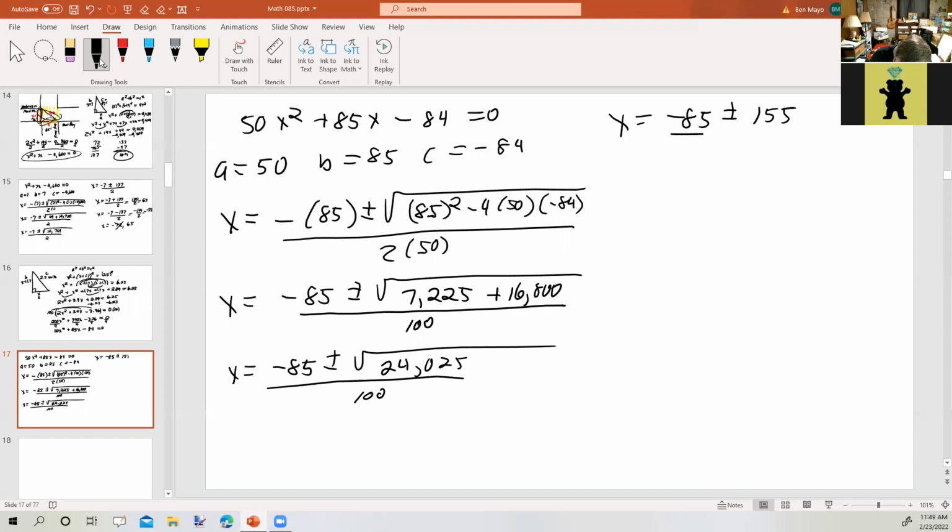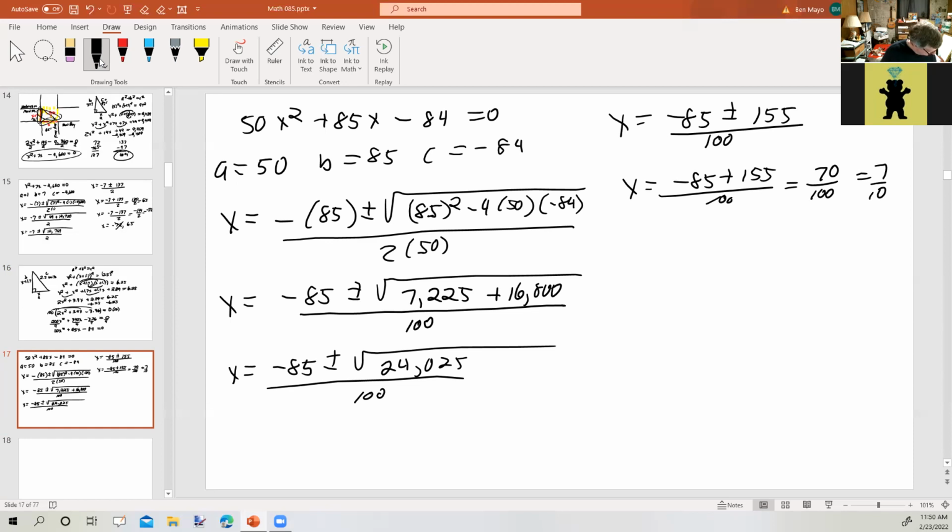Nice. All over 100. So I've got X equals negative 85 plus 155 over 100, which would be 70 over 100 or 7/10.